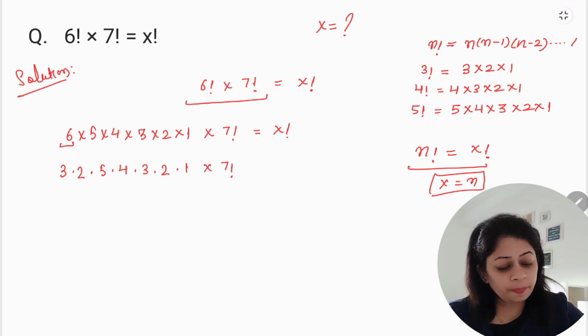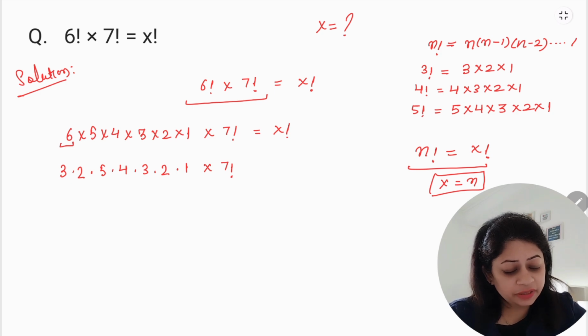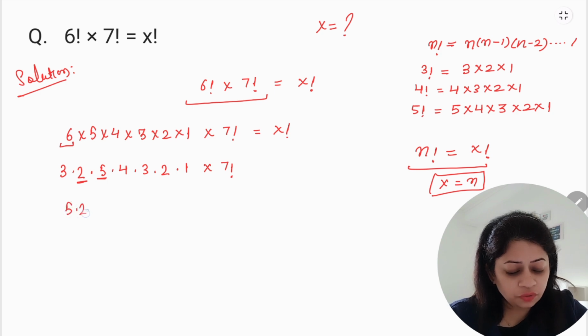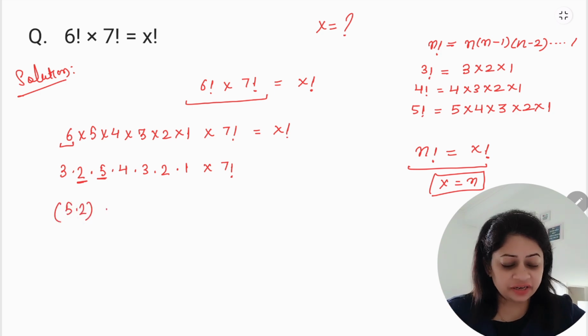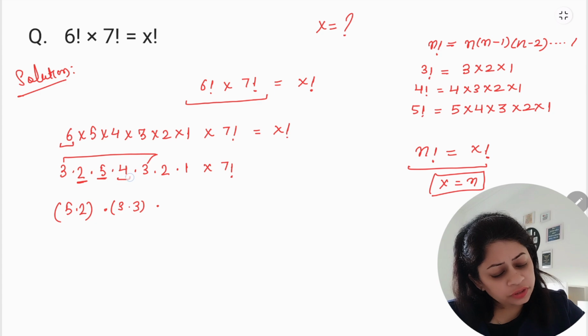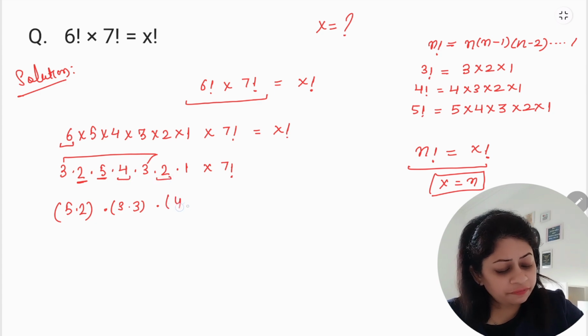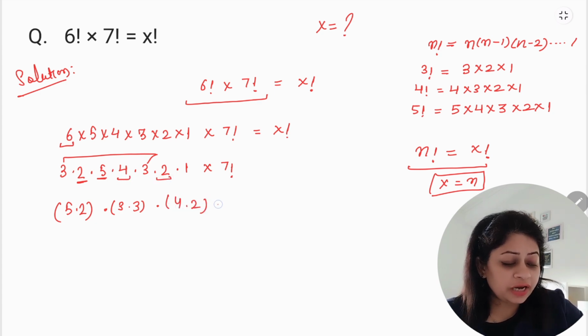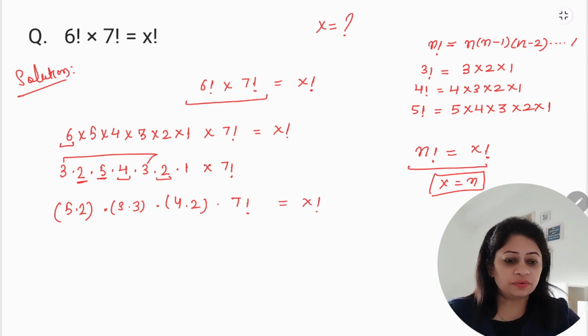Okay, so if I take this 5 with this 2, 5 times 2, I'm just rearranging it, and I take this 3 with 3, what will I get? 3 times 3. If I take this 4 times 2, and 1 I can ignore, right, times 7 factorial, and on the right hand side we have x factorial, right?